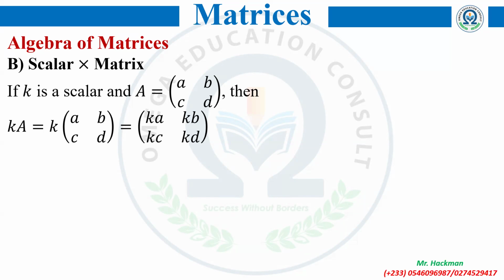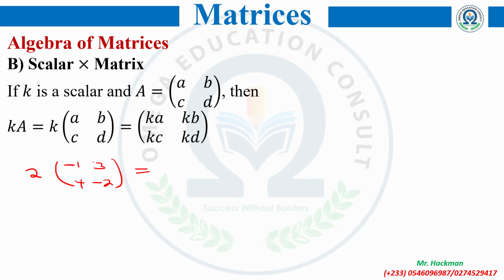Yes, please. Okay, so it means, illustrative example. If I have 2 times a matrix which has the entries -1, -3, 4, maybe -2, this will be equal to, I multiply each of the entries here by the scalar 2.